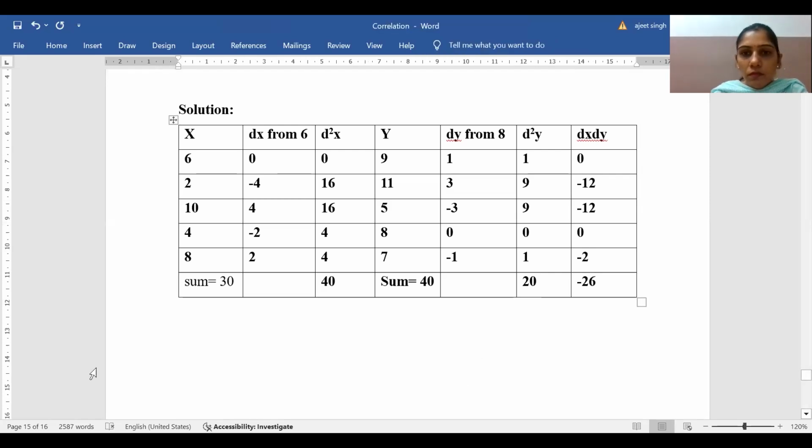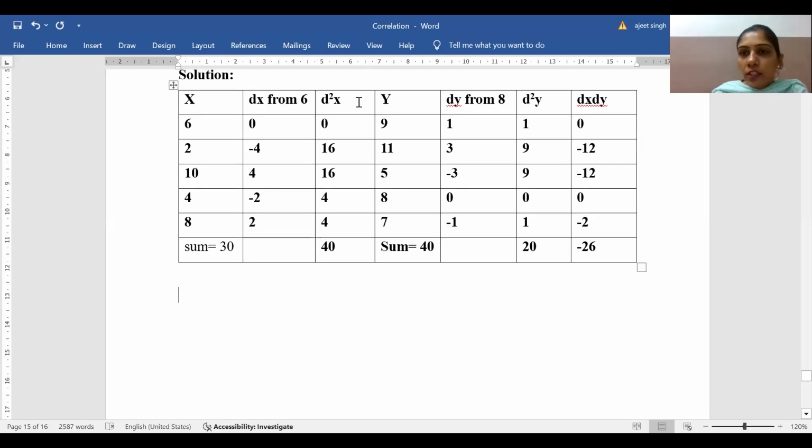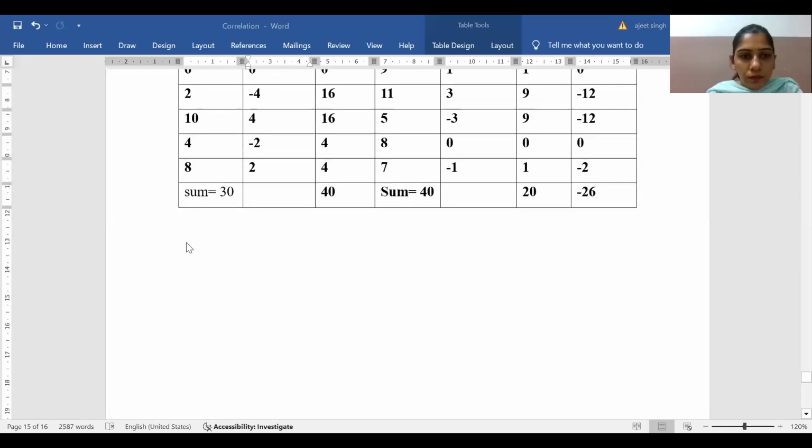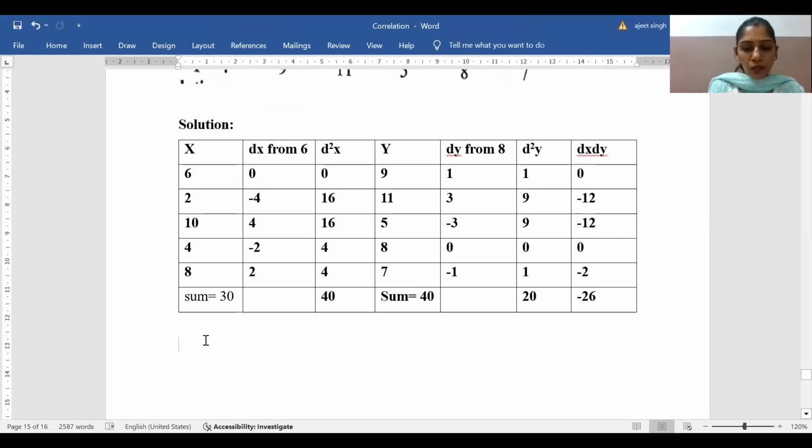Now let's put all these values in a formula so that we can calculate the regression line. Let's write all the values. Mean of x is equal to 6, and mean of y is equal to 8.